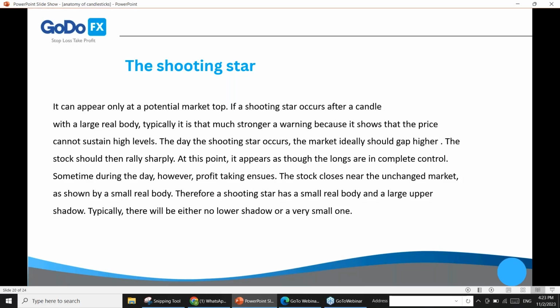At this point, it appears as though the longs are in complete control. Sometimes during the day, however, profit-taking ensues, and the stock closes near the unchanged mark, as shown by a small real body. Therefore, a shooting star has a small real body and a large upper shadow. Typically, there will be either no lower shadow or a very small one.